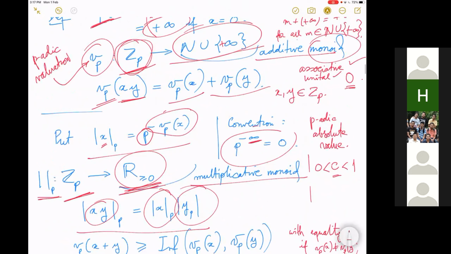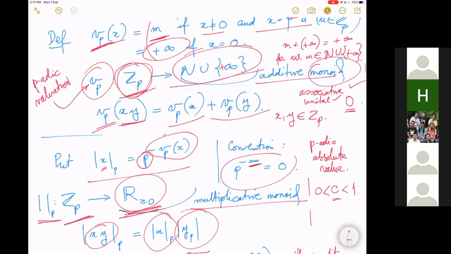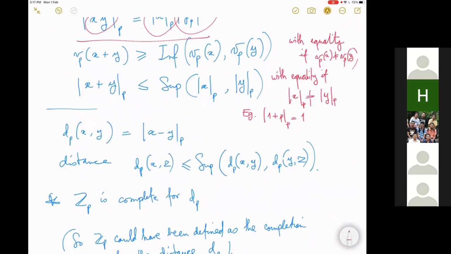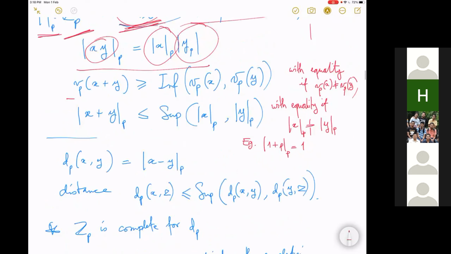And the important property of this p-adic valuation is that the valuation of a sum is at least the smaller of the two valuations. It's greater than or equal to the infimum of these two valuations. So that has the consequence that the p-adic absolute value of x plus y is less than or equal to the sup of the two absolute values.